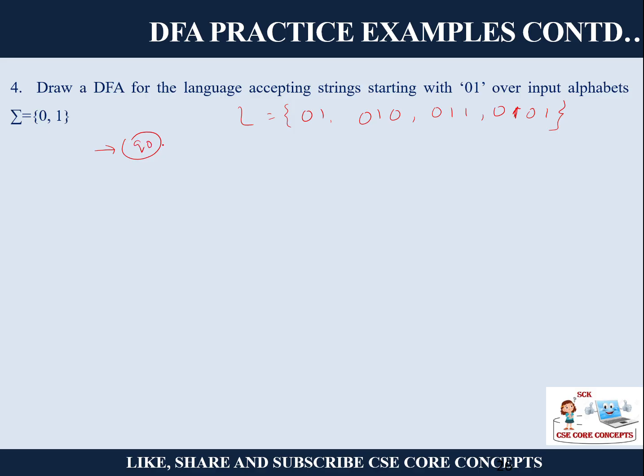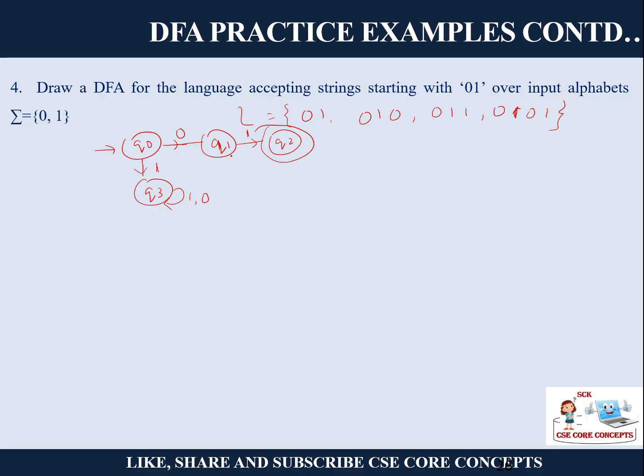So 0 and 1. Sorry, Q1 and 1. This is Q2, my accepting state. Now if I get a 1 here, it should not, right? So it is not at all allowed. So I will go to a dead state, that is Q3. So once I reach the dead state, whatever 1 or 0 I give does not matter.